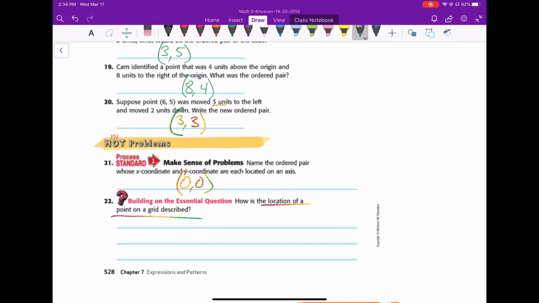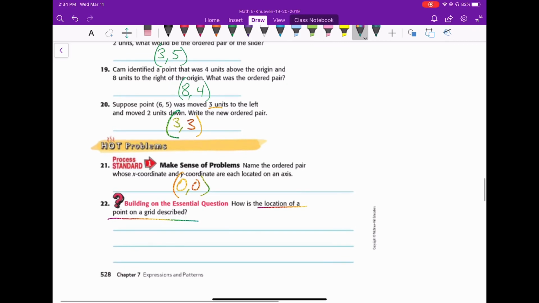Well, we first identify that we write them as x, comma y, because it's all described by using the x-coordinate and the y-coordinate. And this gives us a specific location on the coordinate plane.